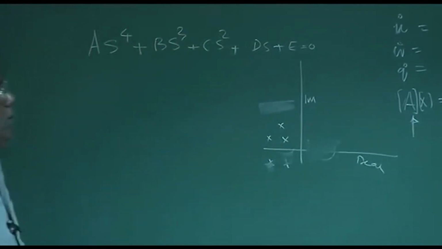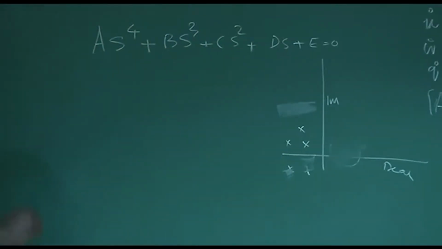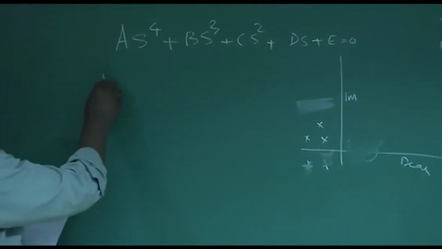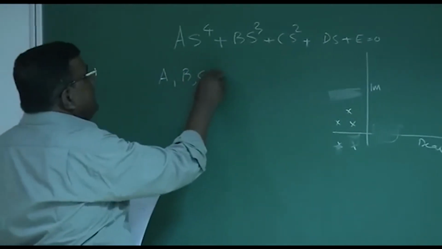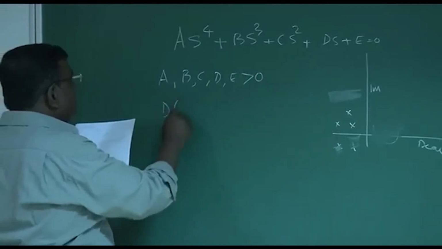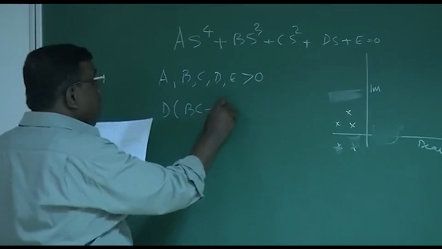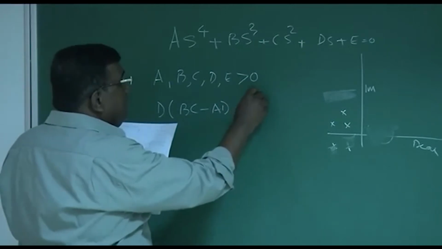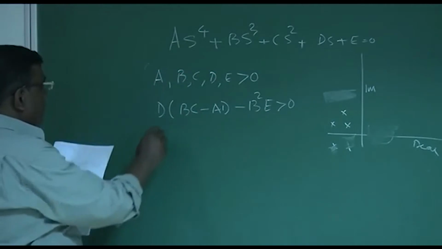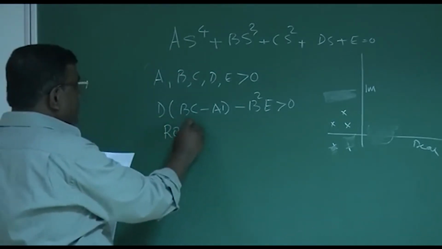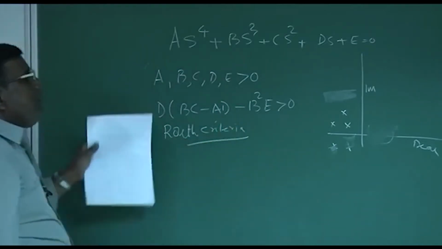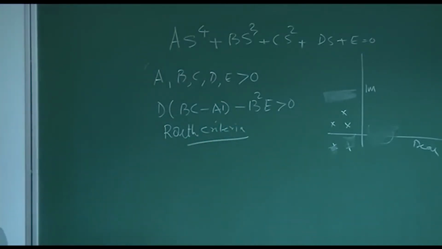And for that, as per Routh criteria, the condition is first that A, B, C, D, E are all greater than 0, and then D into (BC minus AD) minus B square E should be greater than 0. This is typically the Routh criteria, and those who are interested can read any book. We are using this condition to check the stability of the system.